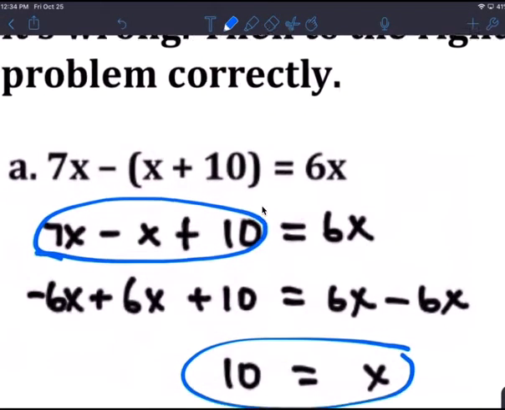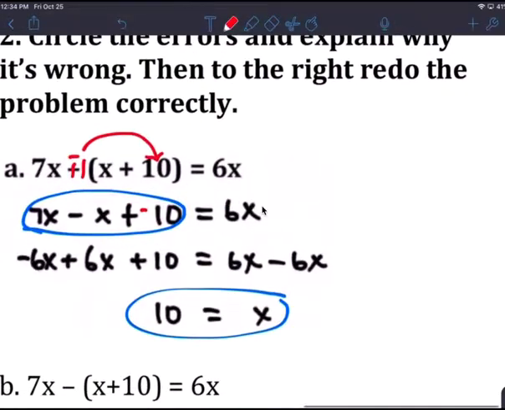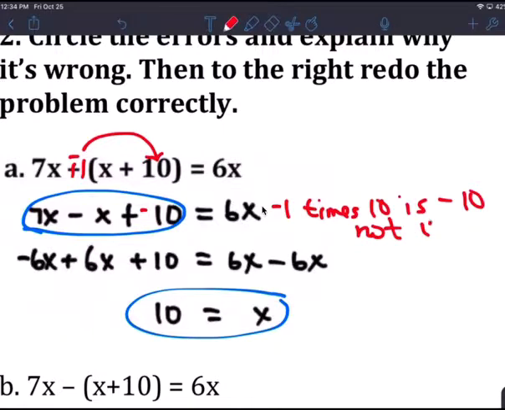The error is, because if you do additive inverse, -1 times 10 is -10. So that's what you need to write: -1 times 10 is -10, not 10.